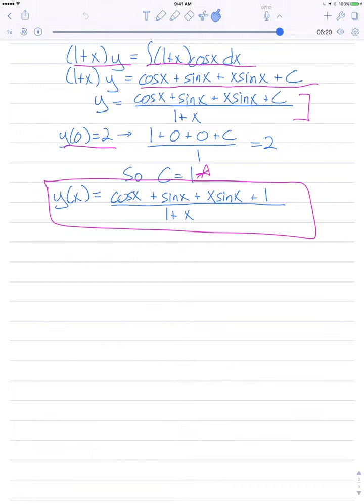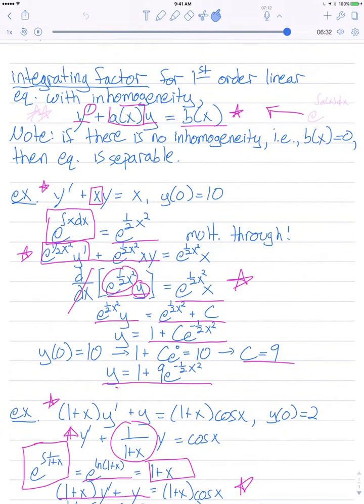Now, at this point, you've seen two examples, and you might be asking, why is that the integrating factor? And the best way to see this is just to go back to the original equation here, right? And derive the answer yourself. Meaning, for this equation, the integrating factor would be e to the antiderivative of a of x dx. I urge you to actually do this.